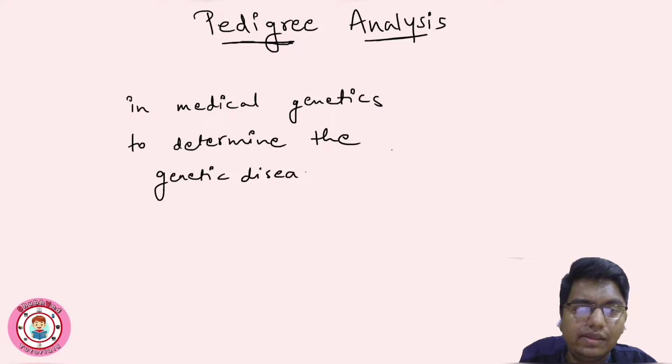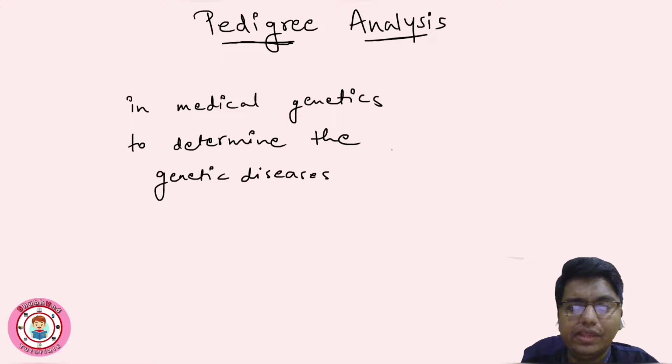This is very important. Genetic diseases, their inheritance we can understand, and the risk associated with an individual getting the disease can be analyzed. So this is a genetic analysis method, pedigree analysis in humans.